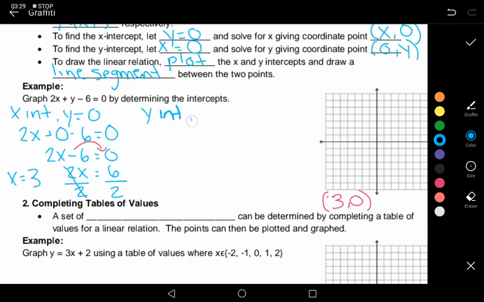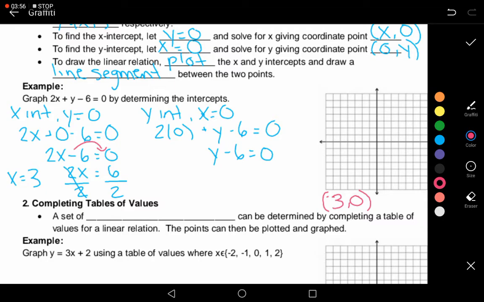So for the y-intercept, x equals 0. Same thing, we're just doing substitution. Anytime we see an x, we're going to replace it with a 0. So we have 2 times 0 plus y minus 6 equals 0. Obviously anything times 0 is 0, so we're left with y minus 6 equals 0.